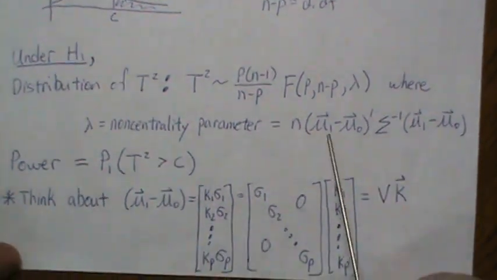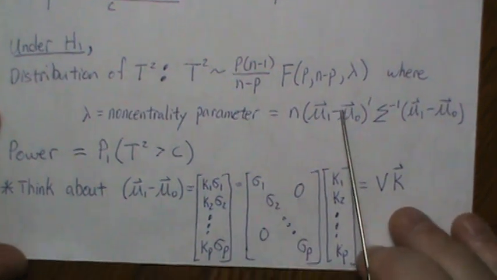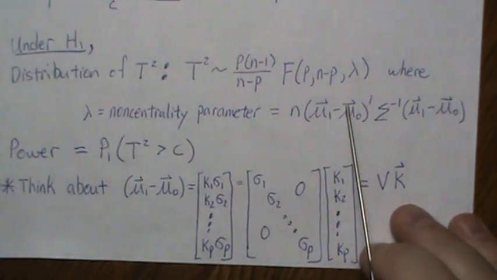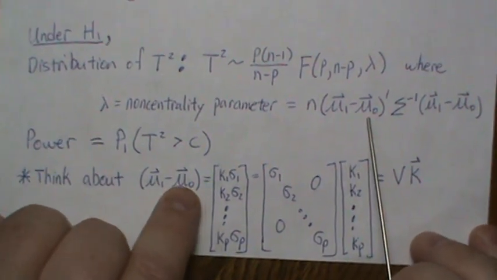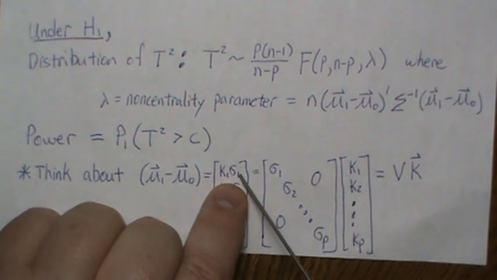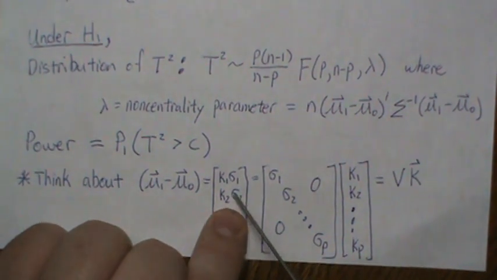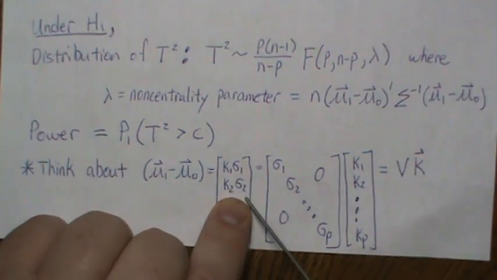But if we think about this shift in the mean vector as each component being a shift in standard deviations, then the first component is going to be some multiple of the standard deviation for that component. The second component is going to be some multiple of the standard deviation for that component.